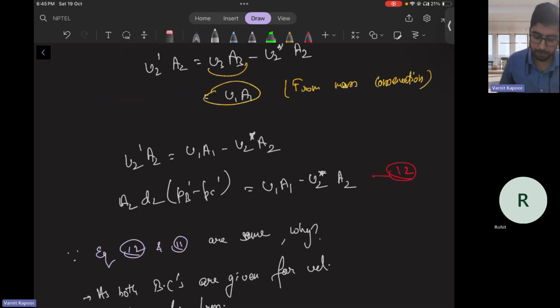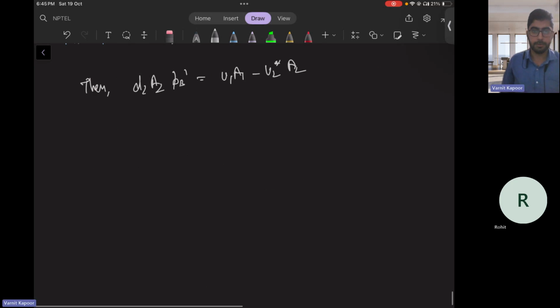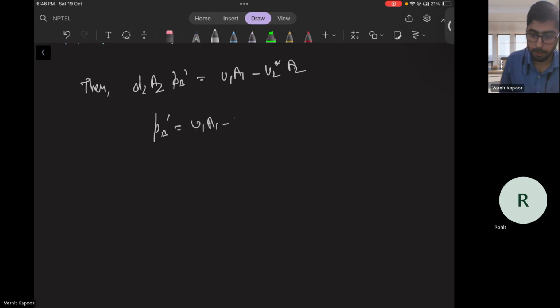Equation number 12 or 11, whatever, both are the same. Okay. So from here, PB prime will be U1 A1 minus U2 star A2 by D2 A2.